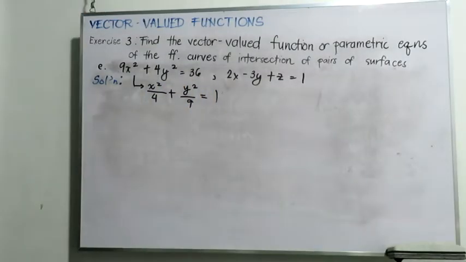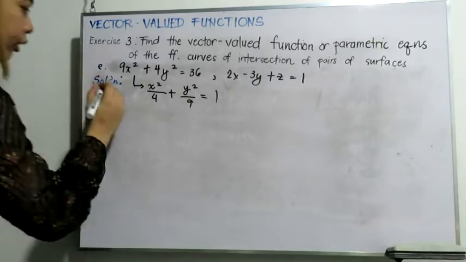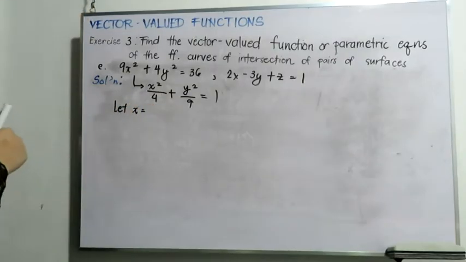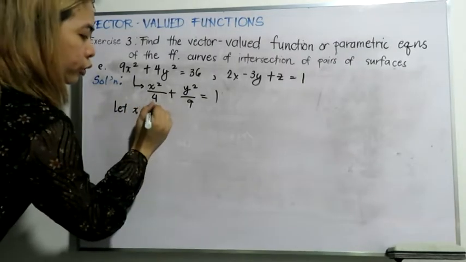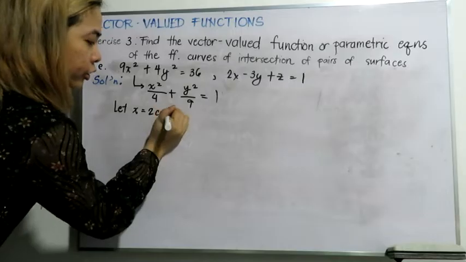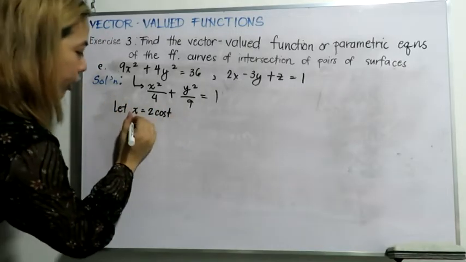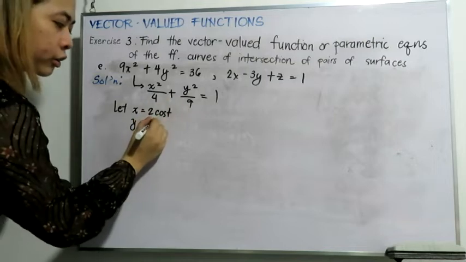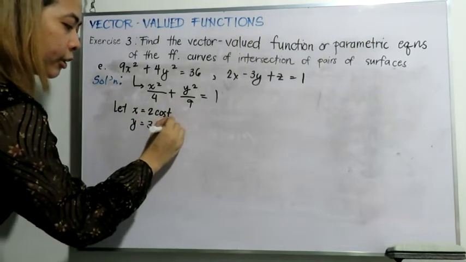Again, from our previous lessons, we are familiar with the parametrizations of these types of equations, which are ellipses in R2. We can let x be 2 cosine t and y be equal to 3 sine t.